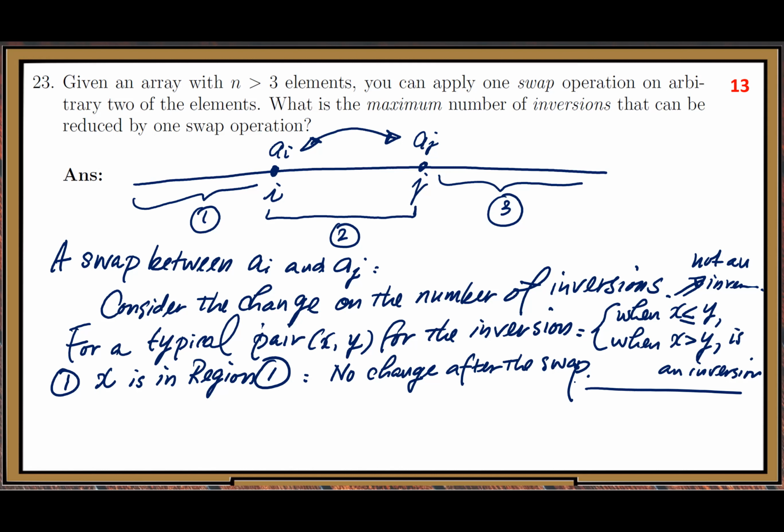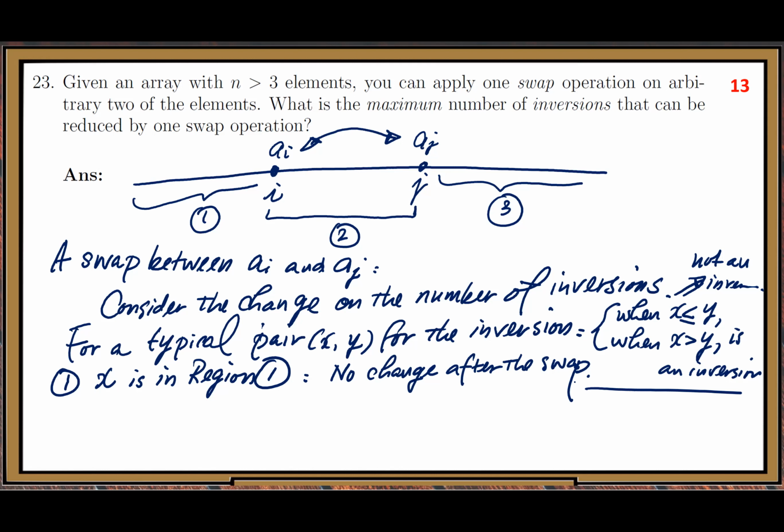No change. And Y in region 3, before and after, the inversion status for the XY pair also has no change. Try to get this, because this is a critical step for the number of inversions.